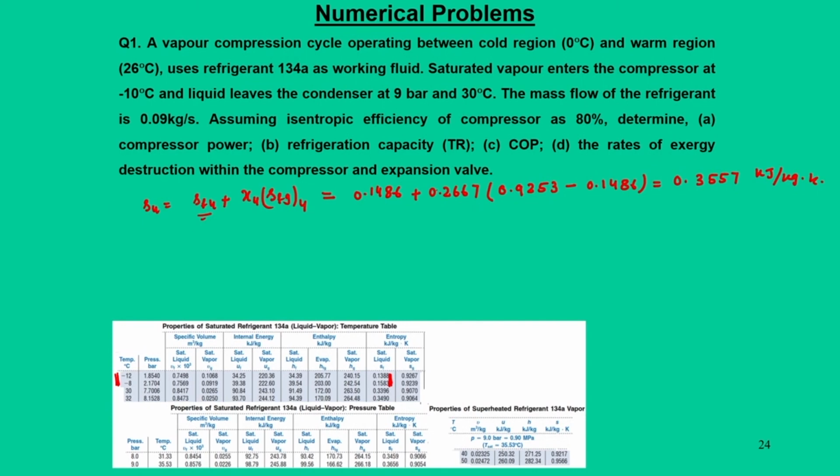So, now after this evaluation you have to go one by one. First, compressor power, W dot C is equal to m dot into H 2 minus H 1. So, this is 0.09 into 278.7 minus 241.35. So, this value is 3.36 kilowatt.